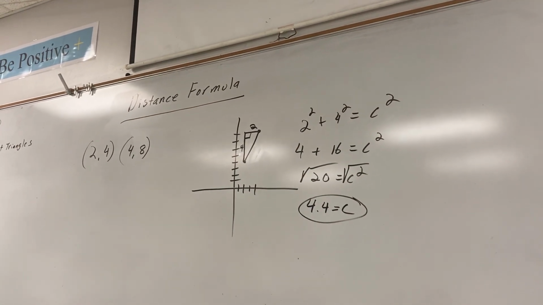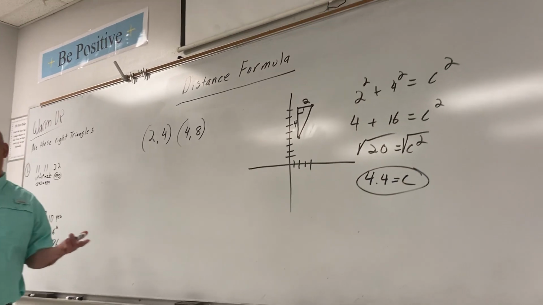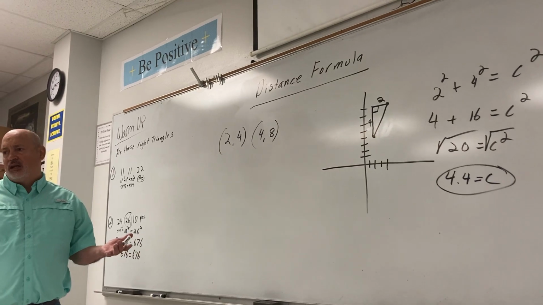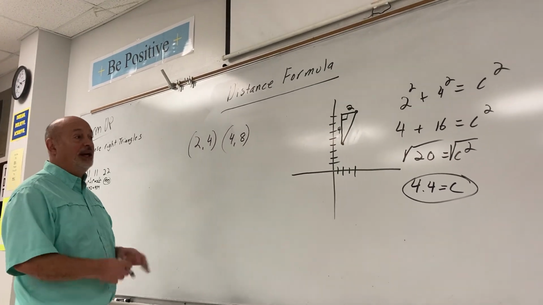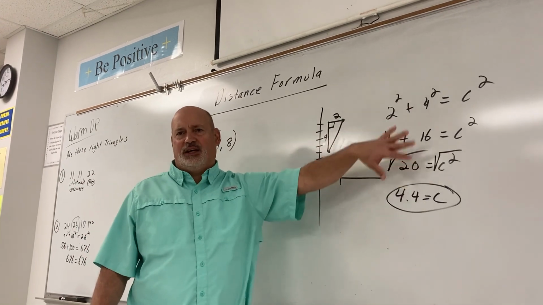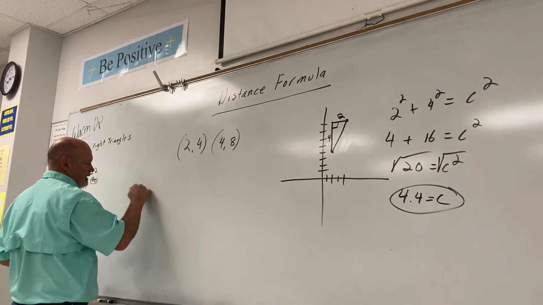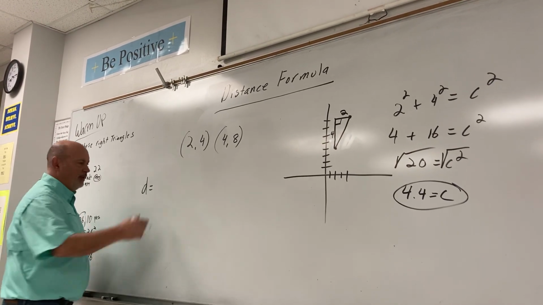Okay, now that's kind of a pain to draw it on the graph and count the sides every time. Do you have graph paper? No, but here's a little formula, and I want you to see how the formula is going to relate to what we just did. Watch. Here's the formula to find distance. D equals square root.